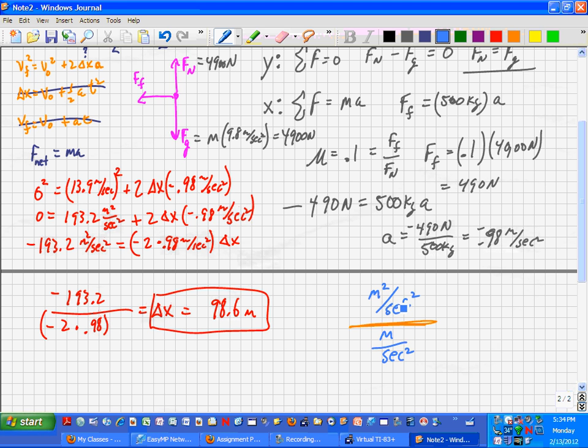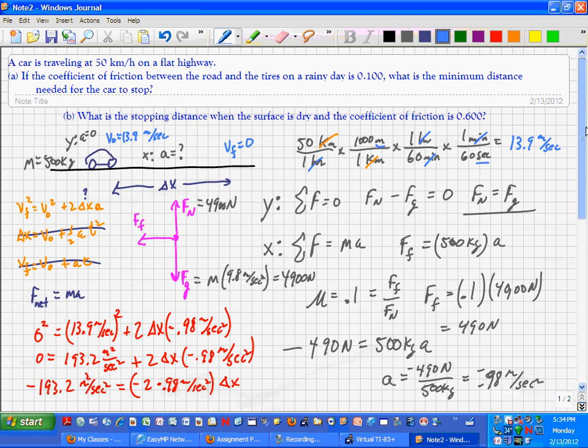So the bottom of the top goes to the bottom of the bottom goes to the top, and we wind up with meters squared times second squared, because these come up here and these go down here. So I get meters times second squared. Look at that. Those guys cancel out. I'm left with meters. So the units do work.